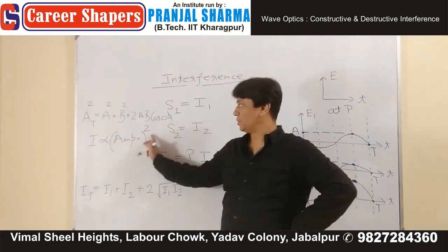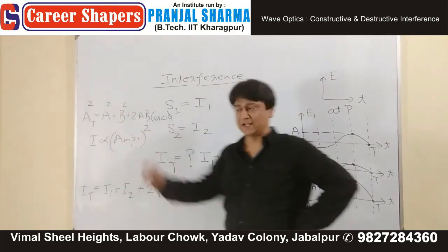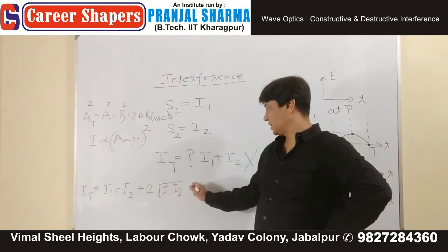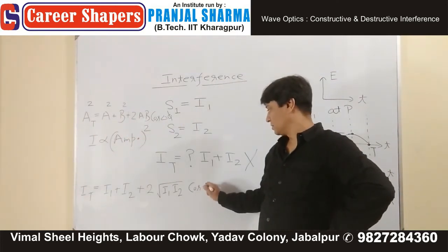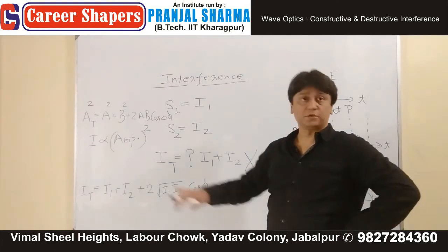This is amplitude and therefore it will be square root of intensity. Cos phi, keep it outside. This is the general formula.